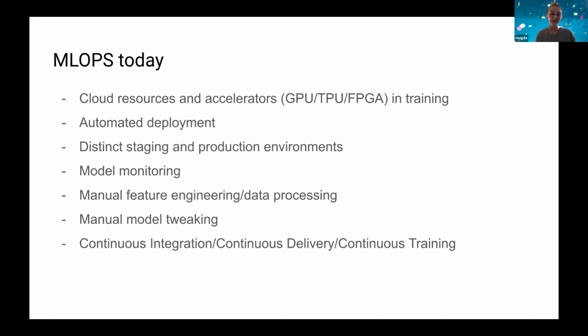So data scientists still aren't fully utilizing tools such as automated hyperparameter optimization and such. And continuous integration, delivery, and training is also still taking its shape. Teams are a little bit waiting for some easier solutions on how to work with this. So all of this is still taking shape.